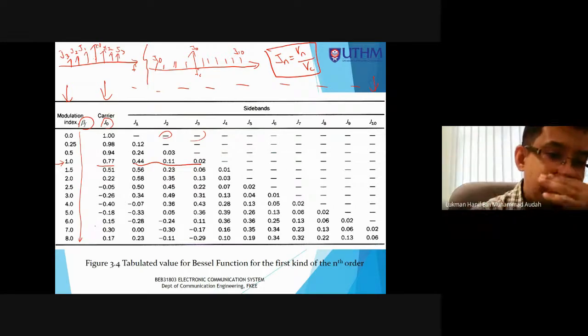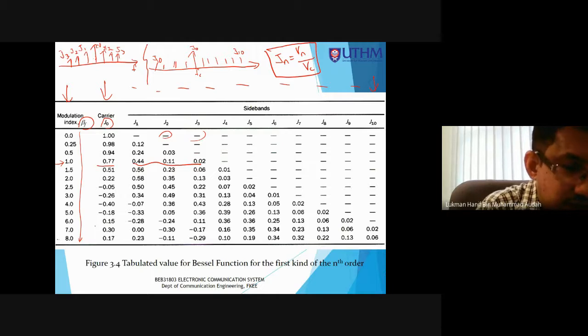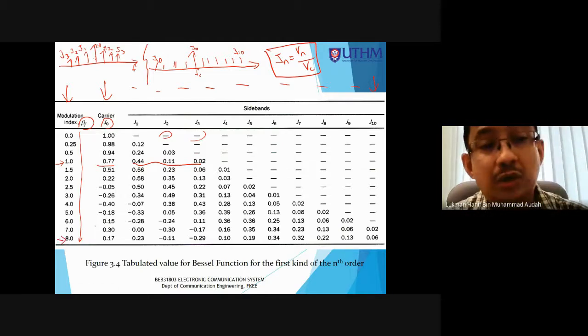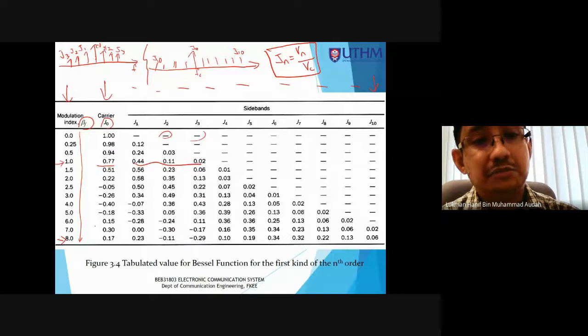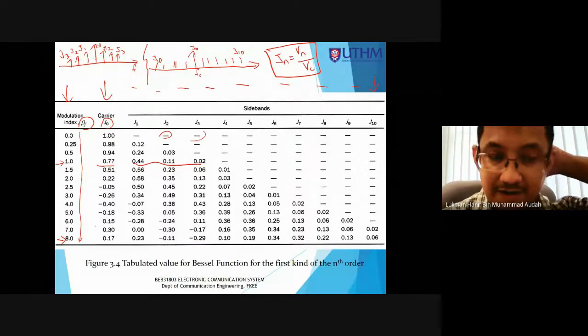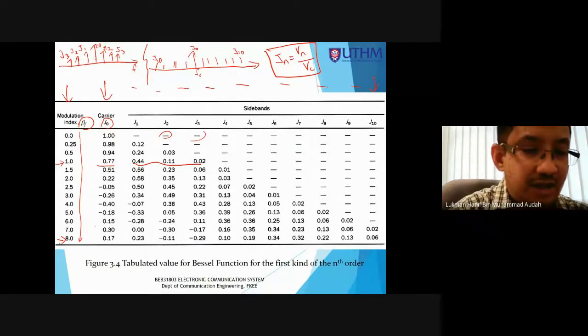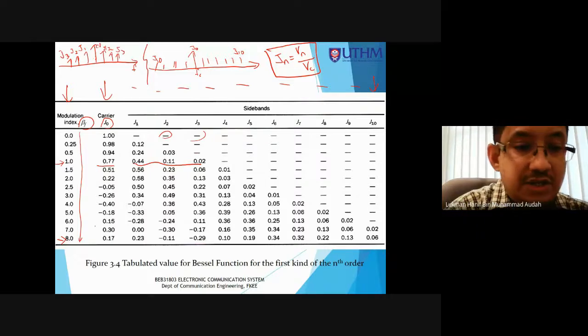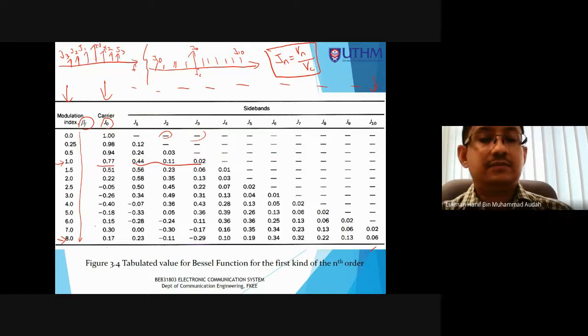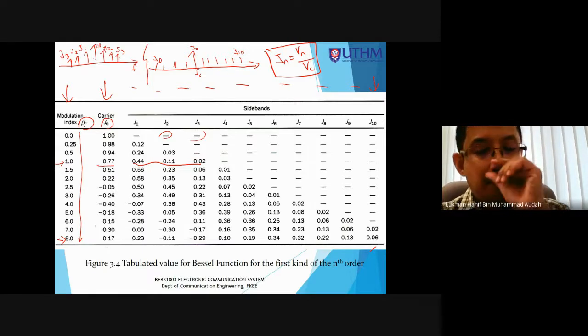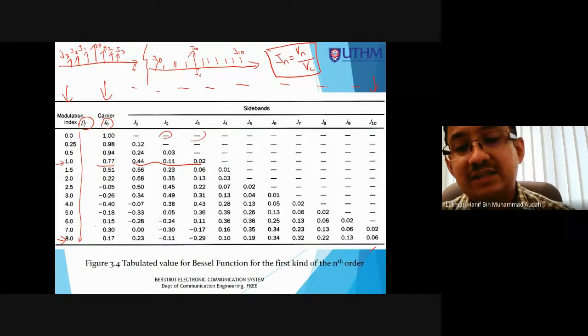And let's see the last one, beta F equal to 8. Macam mana kalau beta F sama dengan 8? If beta F is equal to 8, you see that we have up to 10 pairs of sideband. Maknanya kita ada sehingga 10 pasang sideband.